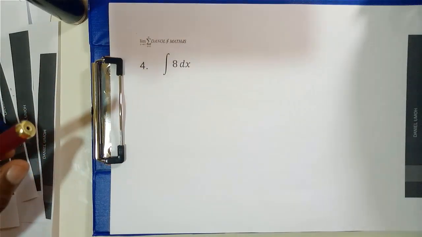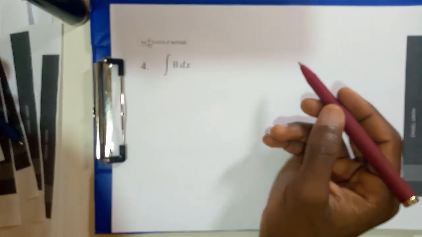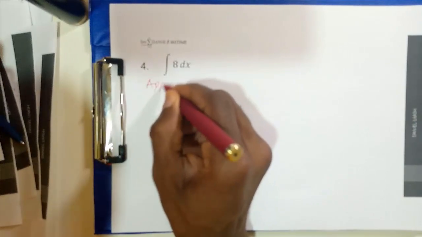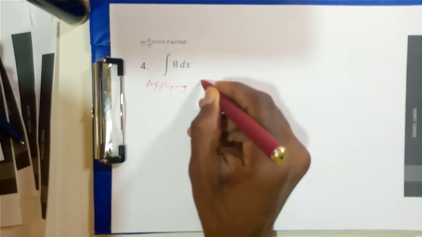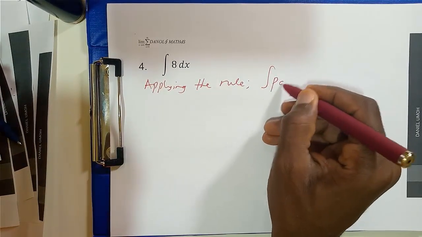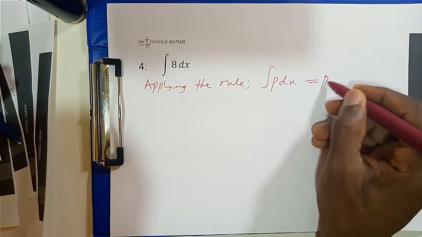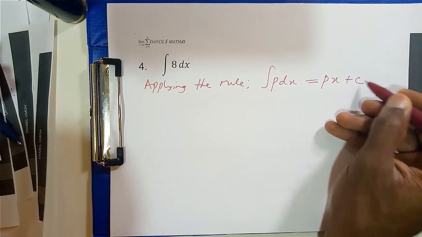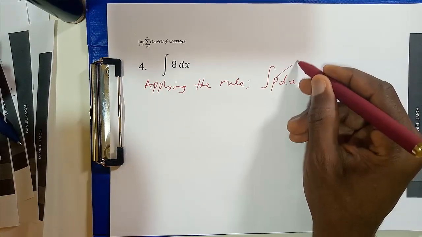Okay, let's look at this one. Integral of 8 dx. This is very simple. We apply the rule that states that integral of p dx equals px plus c, provided p is a real number.